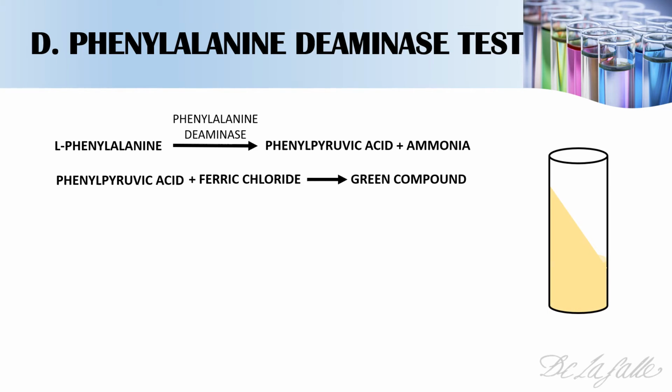So let's say this is your medium for the phenylalanine deaminase test. You inoculate your slant with your organism and then add your ferric chloride to detect the presence of phenylpyruvic acid, which indicates that the organism has the ability to deaminate phenylalanine.